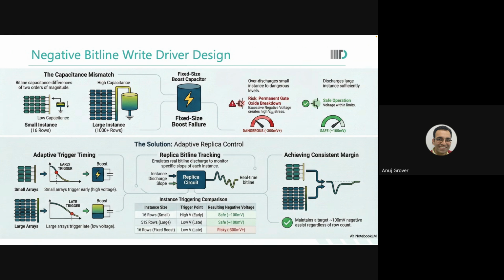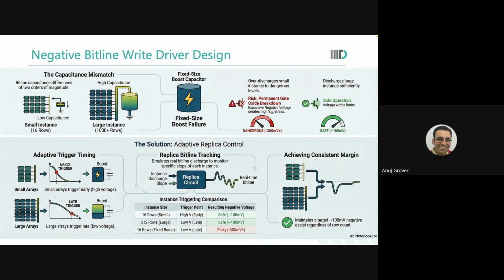But that we also realized was very insufficient and very incapable of handling the challenges that we have to handle at the compiler level. The first and foremost thing, what was the biggest challenge there? When we have a negative bitline write driver and you have to design for a compiler, what is the biggest challenge? Separate instances.